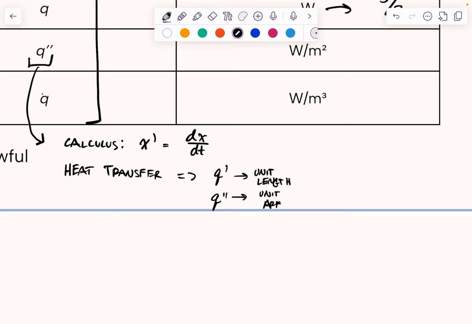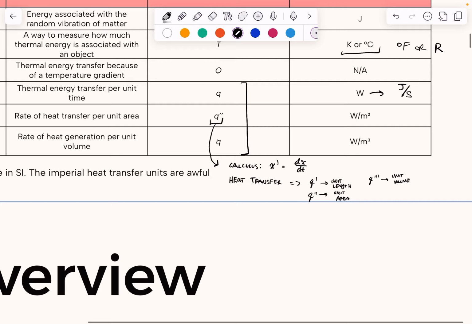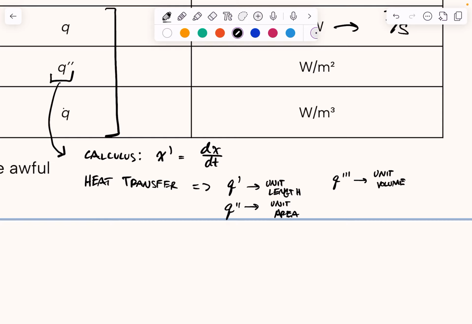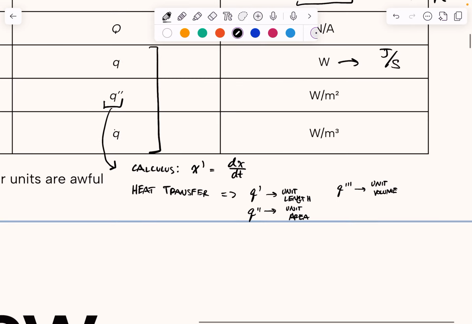Unit area. And then you'll also see triple prime, and that is per unit volume. That's particularly important when you're looking at 3D analysis. So again, this prime, don't be confused. This does not mean a derivative. It is a per unit dimension.